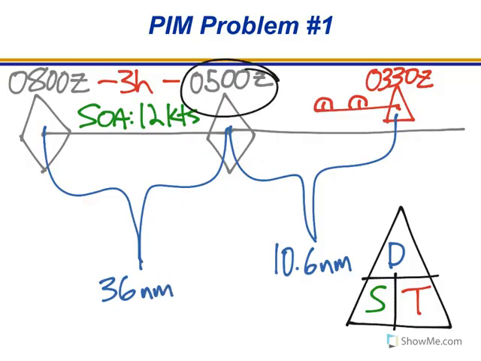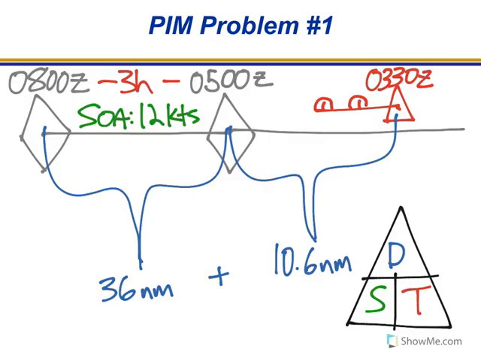So the distance from our next waypoint to the waypoint after that is 36 nautical miles. We know that these units are nautical miles because knots are nautical miles per hour. When we do the math, these hours cancel out with these hours, and we're left with just nautical miles.